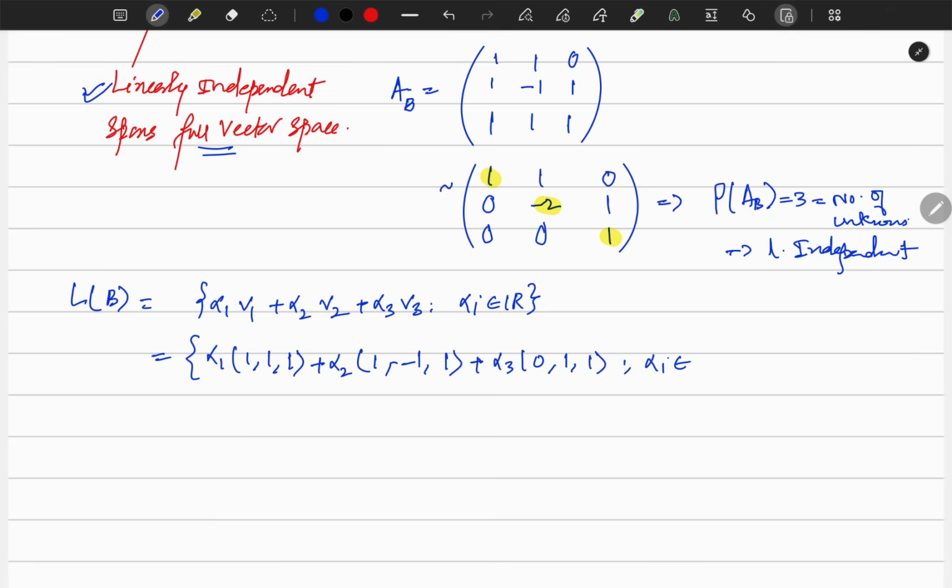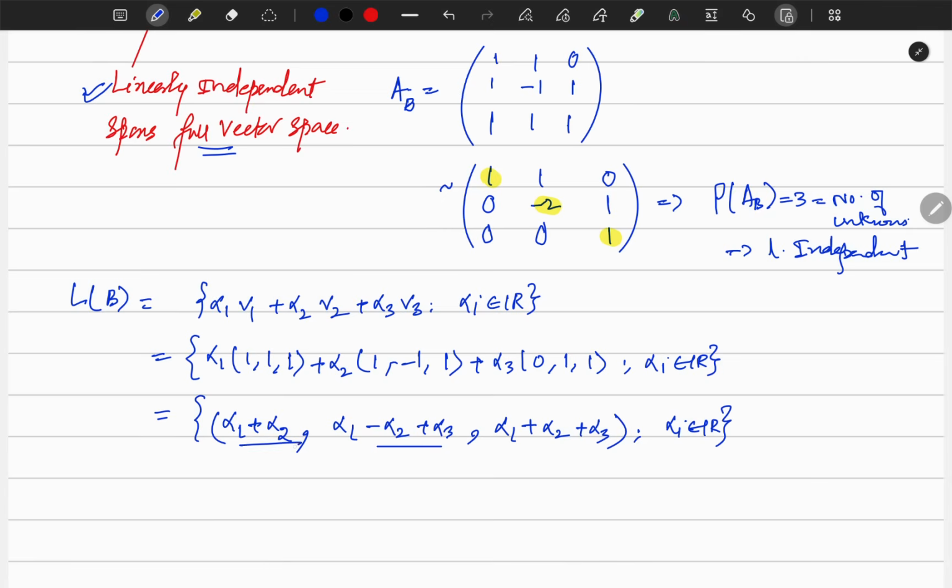So alpha 1 plus alpha 2 plus 0 alpha 3, similarly alpha 1 minus alpha 2 plus alpha 3, and alpha 1 plus alpha 2 plus alpha 3. This is now your vector. You have seen that these are linearly independent, meaning they will give you different real numbers.